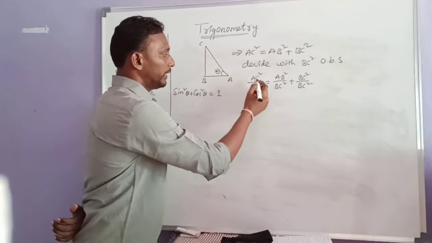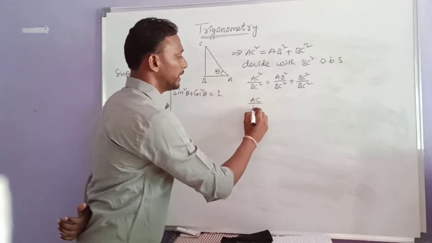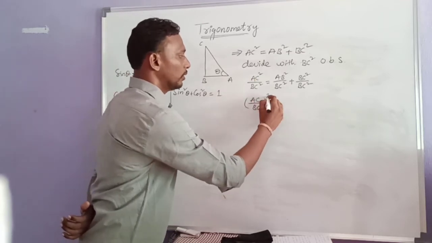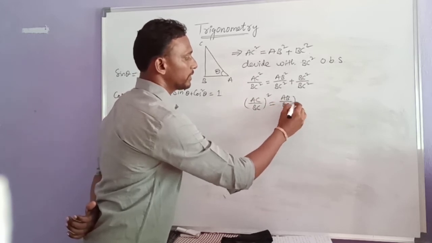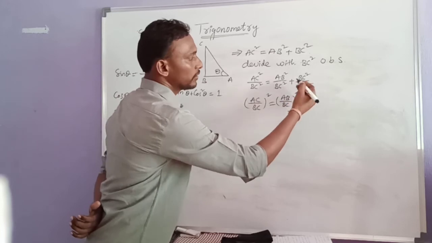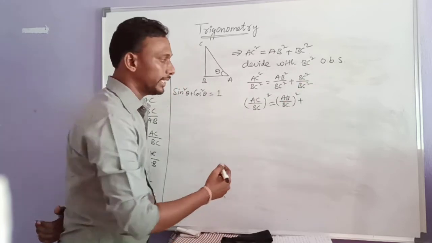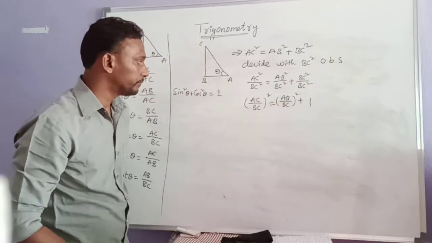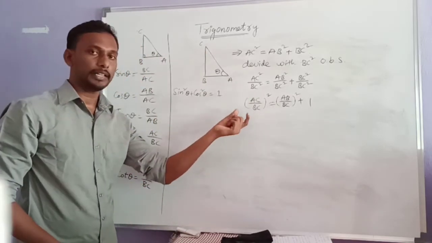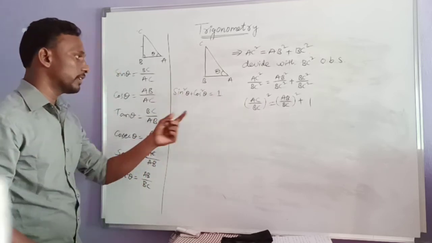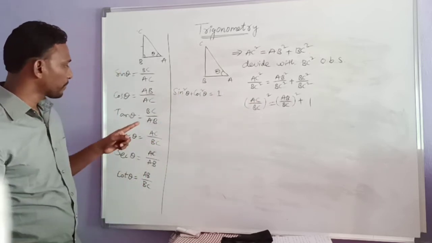We can write this as AC by BC whole square is equal to AB by BC whole square plus 1, as BC square by BC square gets cancelled.